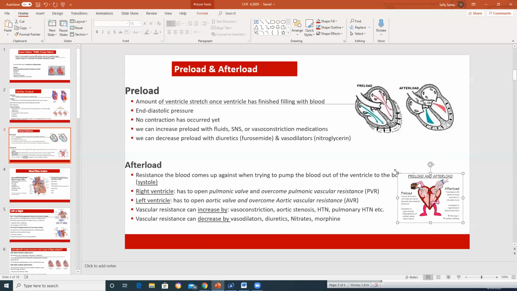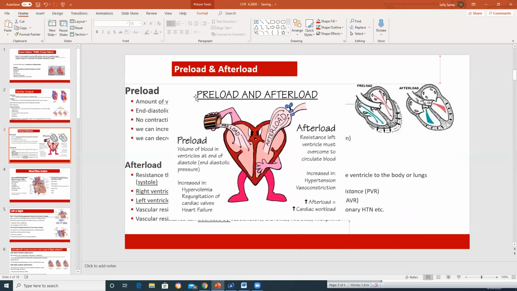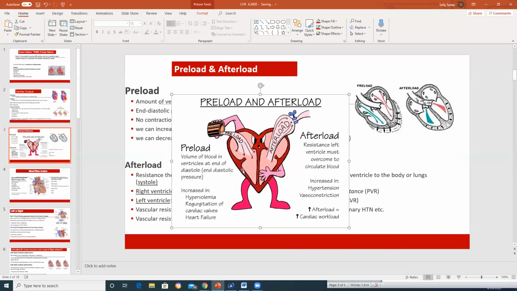Okay, let's show you this little cartoon here, because sometimes they help as well. Preload is the blood coming through, in this case the right side, and it fills up this right ventricle. Once this ventricle is filled, you can also call preload the diastolic pressure, because the ventricle is filled and ready to be pumped out, but before it is pumped out, that is preload.